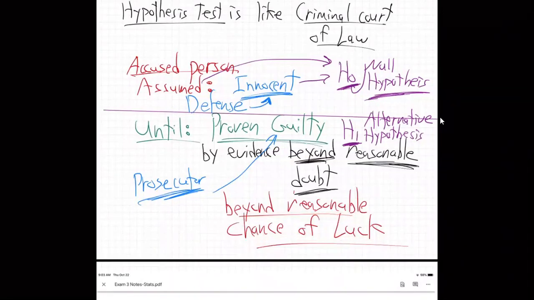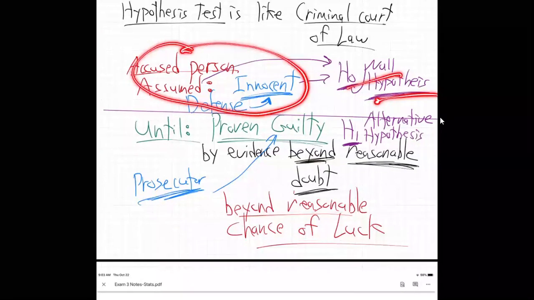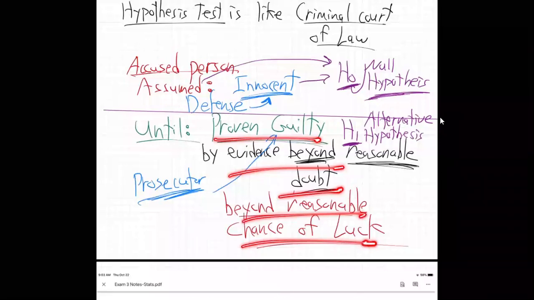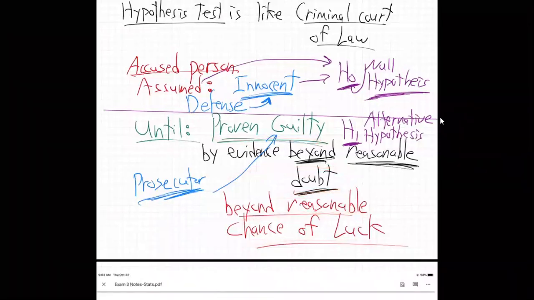All right, so do you get the idea? That's what our court of law is all about. Assumed innocent. That's the null hypothesis. We're going to assume the new COVID treatment doesn't work unless there's strong evidence proving it does work beyond a reasonable doubt, beyond a reasonable chance of luck.